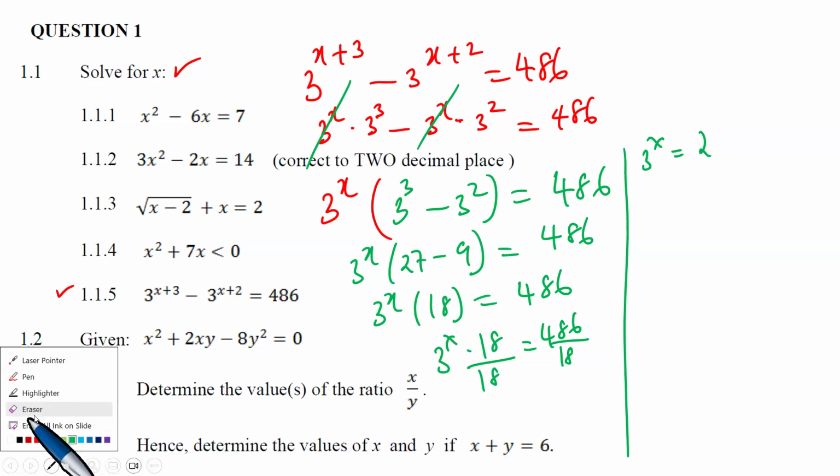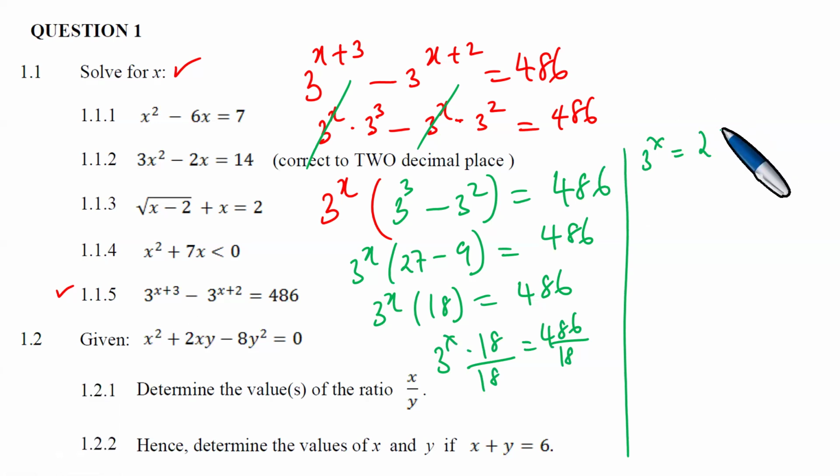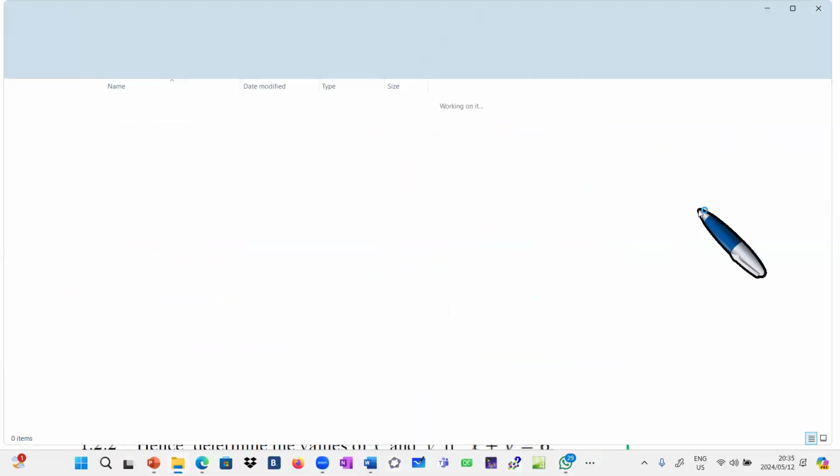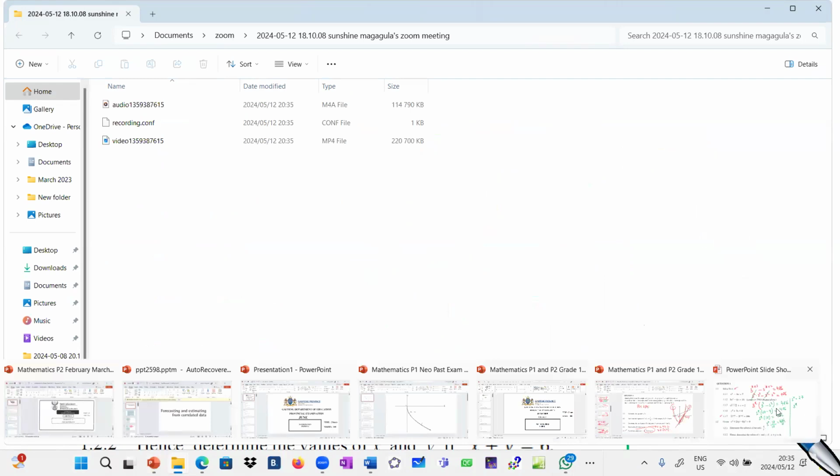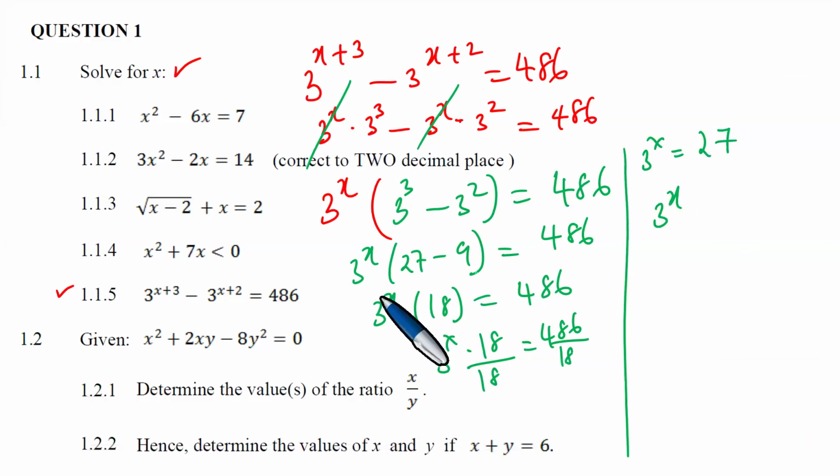Because now we're getting 27, what do we then do after this? Which is 3 to the power x. Now we have 27, and 27 is what?